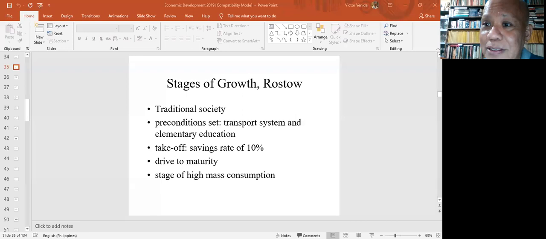What really matters would be the ability to purchase the goods and services that would allow for a higher material standard of living. So the higher income by itself is not enough. Okay?